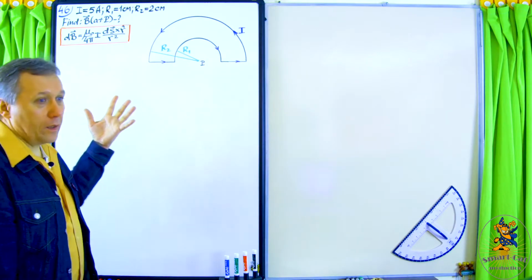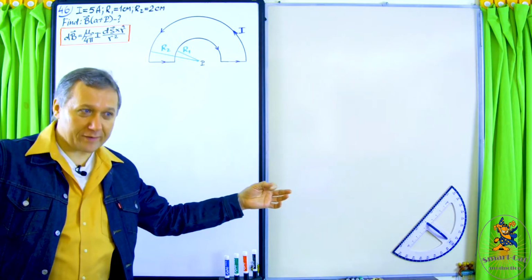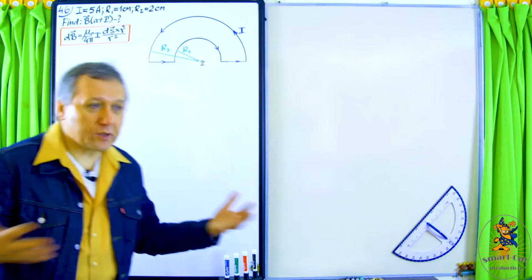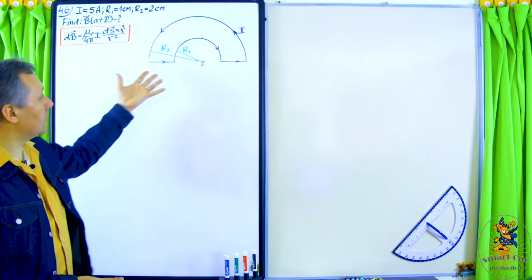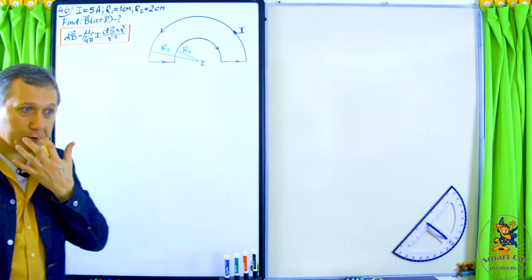And so of course, that formula which we used for an infinitely long straight wire, B equals mu naught times I divided by 2 pi r, is not applicable here, because this is not a straight wire and not infinitely long. So what does it mean?